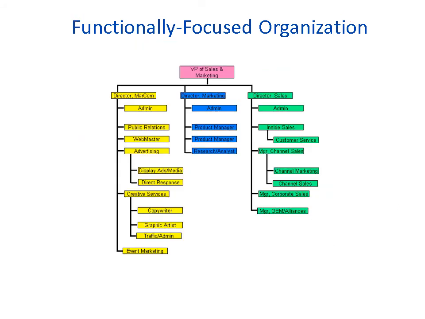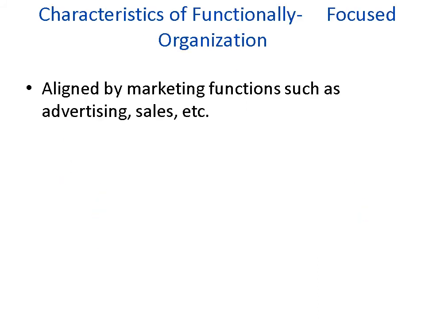This is a typical example of a function. This is the vice president for sales and marketing. So you have the different functions that you can see. Again, a functionally focused organization is characterized by alignment by marketing functions such as advertising.